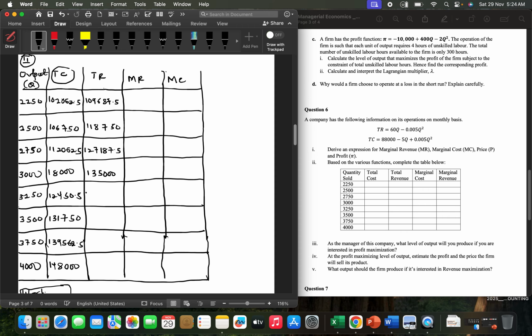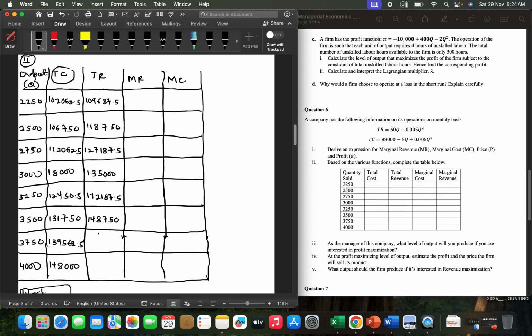The next one is 142,187.5. The next one is 148,750.